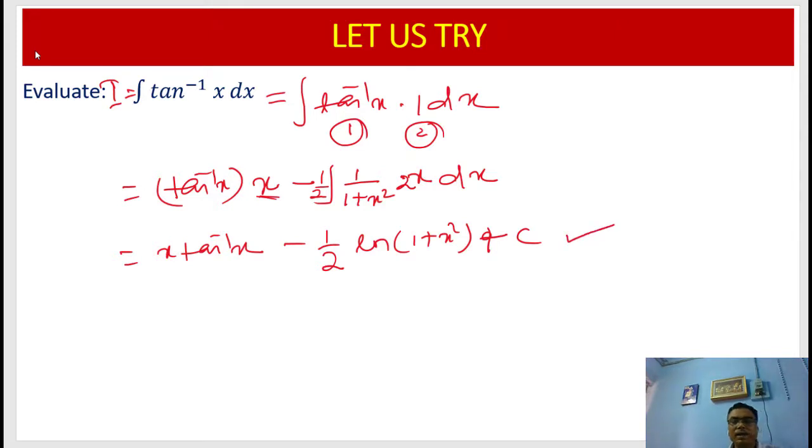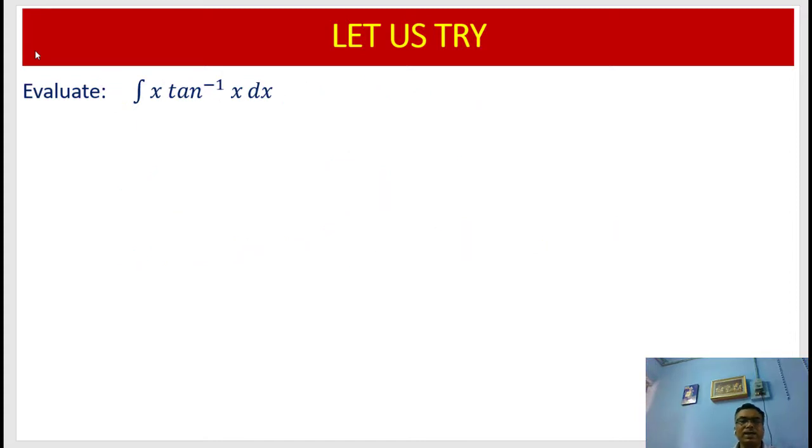Okay, let us come to the next question, that is x tan inverse x. In the same way as you did only tan inverse x, I is integral of x tan inverse x dx. So what is my first function? Yes, it is inverse trigonometric.